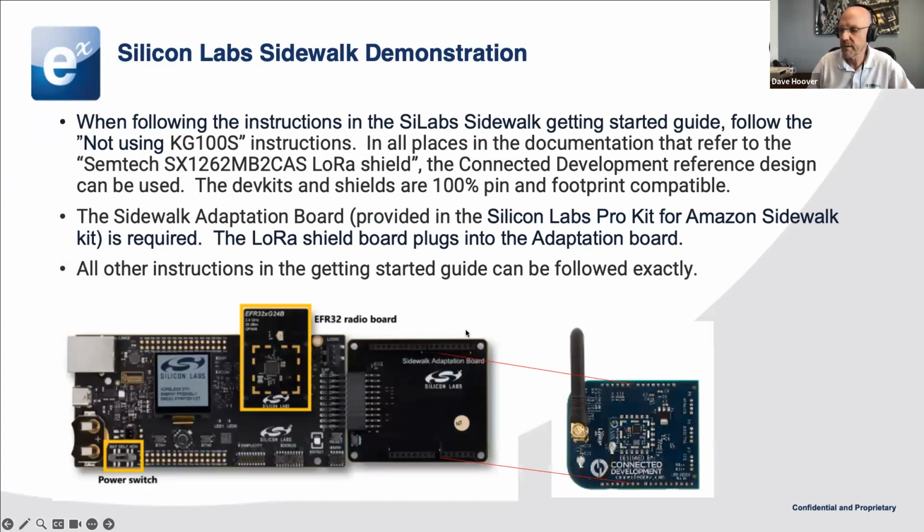Okay, so if you follow those links and you follow the instructions, there are basically two paths you can go through on the Sidewalk demonstration. One is using a KG100S radio board. That's more of a pre-built, everything-in-it radio board. That's not what I'm focusing on right now. The other path is that you can attach a LoRa shield, which is what we've been talking about in all the rest of the presentation. So any places you see the KG100S versus using the LoRa shield, go down the LoRa shield side of things in that example.